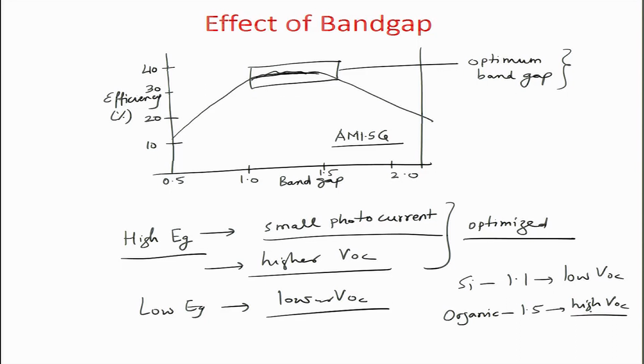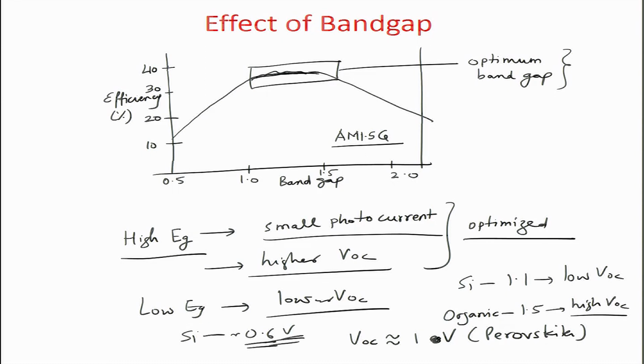So, for example, in perovskites we get a VOC of the order of 1 volt, whereas for silicon we get a VOC of nearly 0.6 volt approximately.